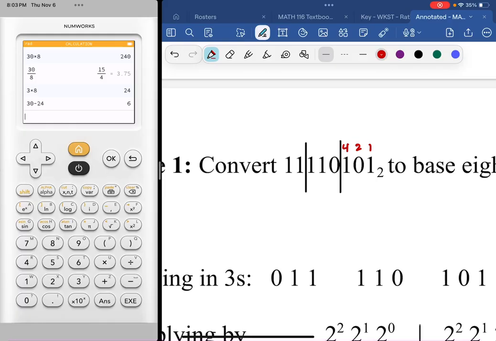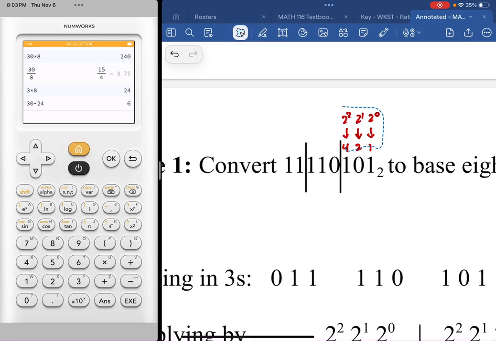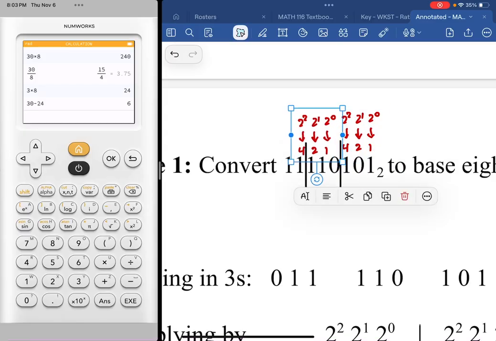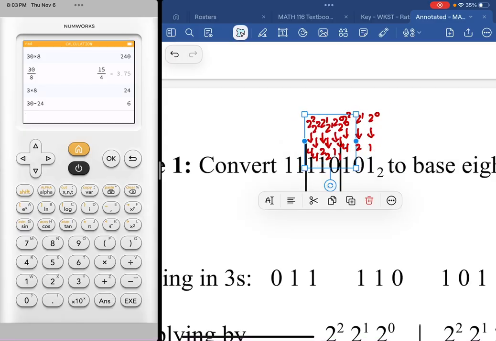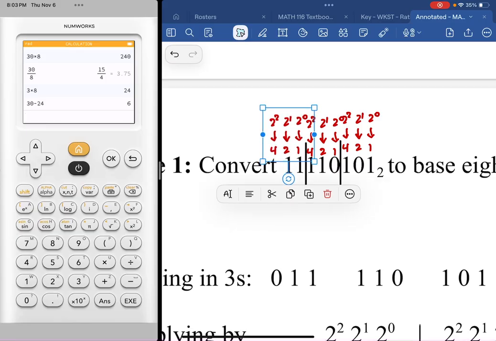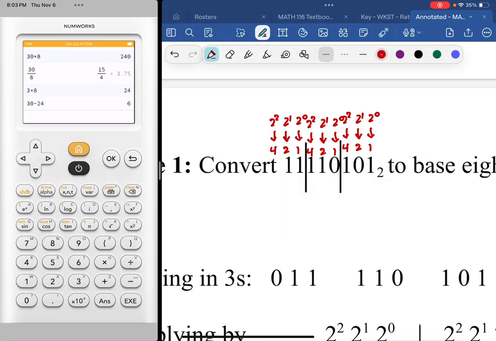Again, that's the same as saying 2 to the second, 2 to the first, and 2 to the 0th. So we're going to do that across the board. But then, in the last one, there's only 2 values. Well, to make ourselves feel better, we could throw a placeholder value in there. It's going to zero out anyway, so it really doesn't make much of a difference one way or the other. But I can at least see the consistency now.